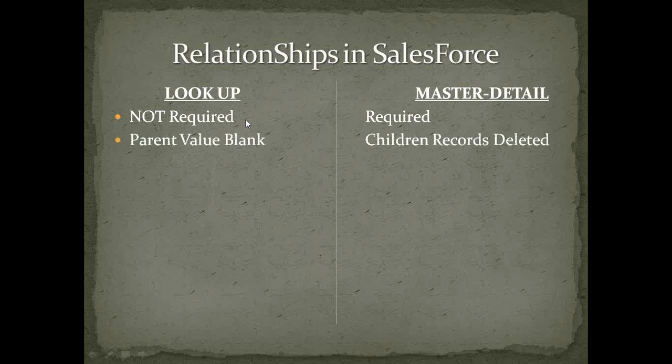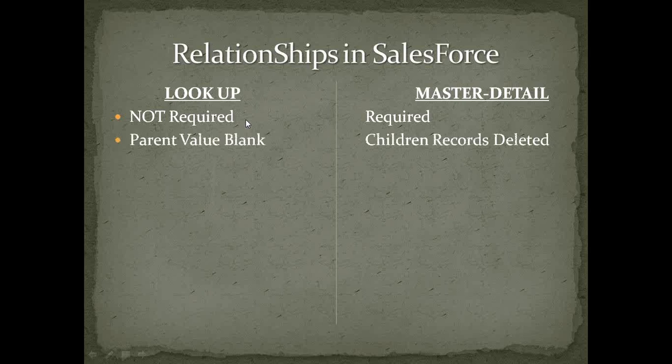Well, what happens if I delete a faculty record from the faculty object? What will be the effect on the child object? Now you see 10 student records are there. Out of 10 student records, you have some parent value, lookup field or master-detail, whatever it may be, a parent faculty.